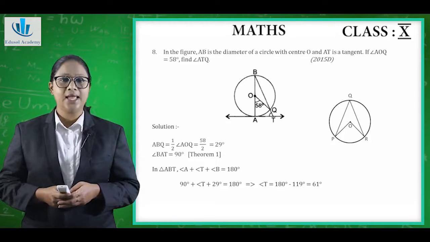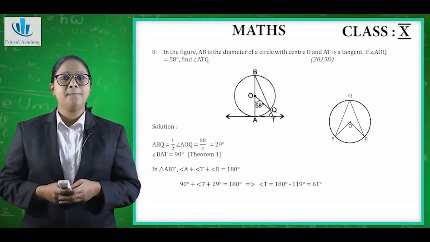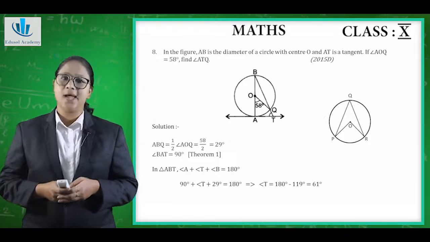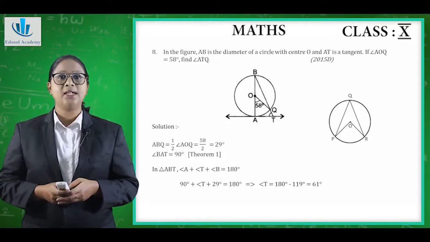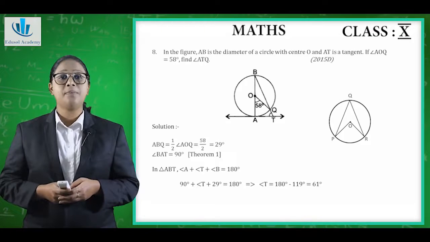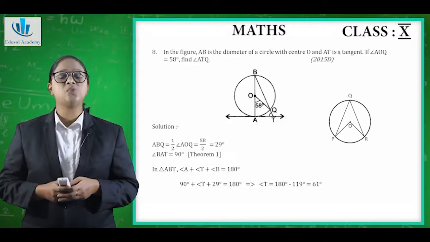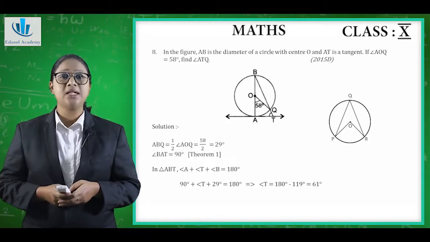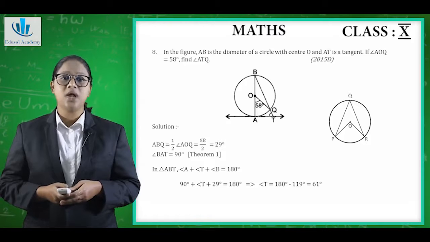Since OA is perpendicular to AT and BA is the diameter, we can write angle BAT is equal to 90 degrees. Now in triangle ABT, we can apply the angle sum property. The angle sum in a triangle is 180 degrees. Upon solving, we will get the measure of angle T as 61 degrees.